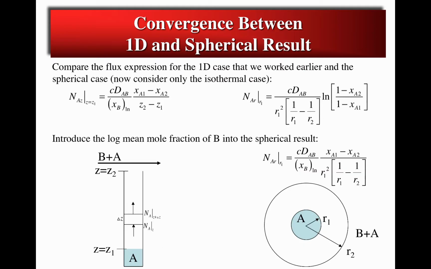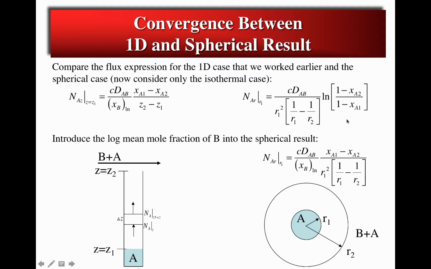The reason that I wanted to put these two problems side by side is so that we could compare the Stefan tube result with the result now in spherical coordinates for evaporation of a droplet. We're going to consider this in the case where the temperature is isothermal.